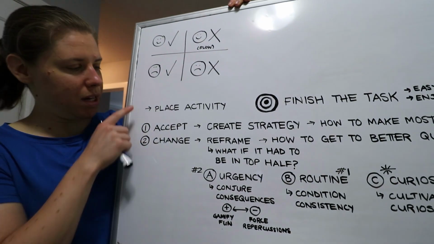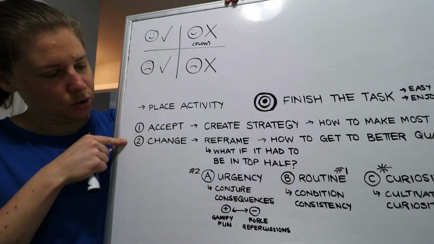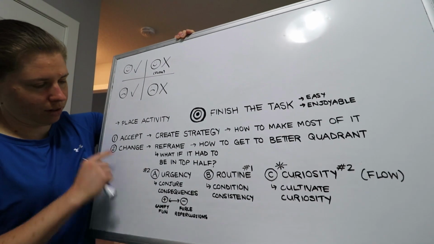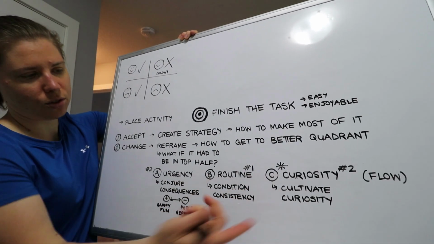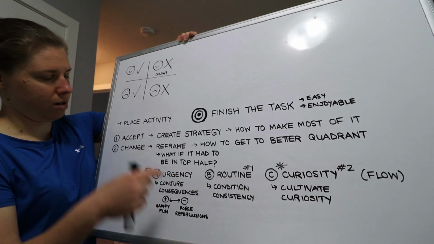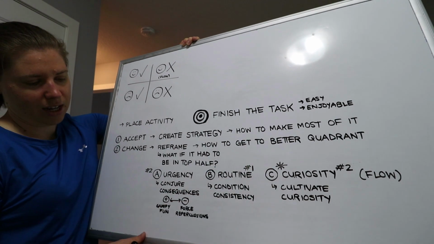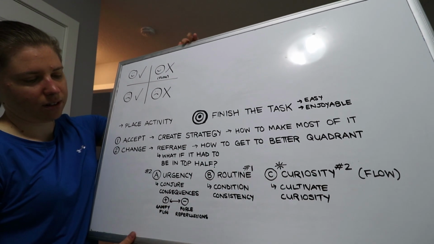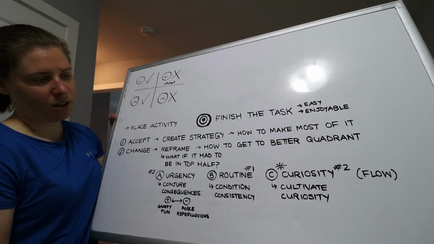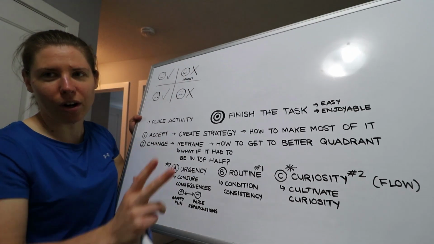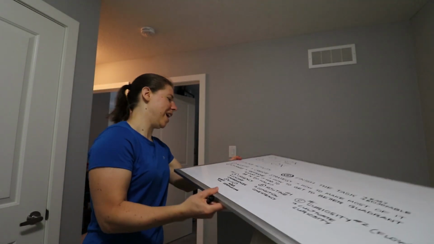Then I've got place my activity, and two options there, and then I've broken those two into three different strategies. Each one is more conducive to one of these two. So we've got A, B, and C. And then I can have different spectrums as well.